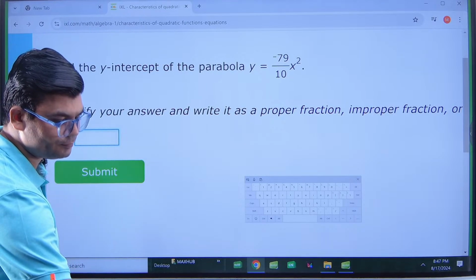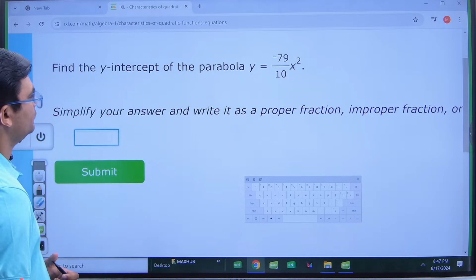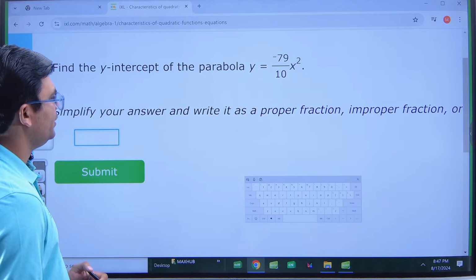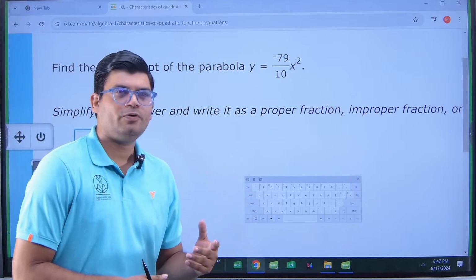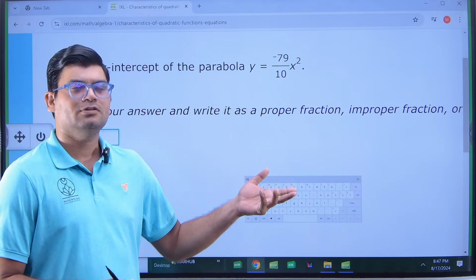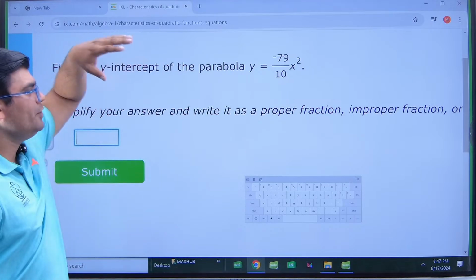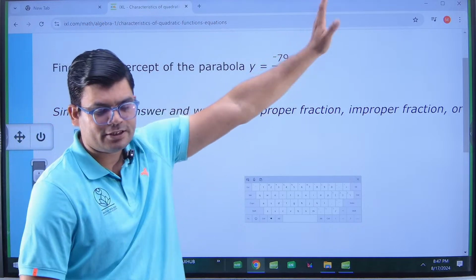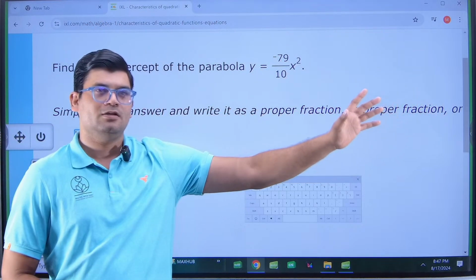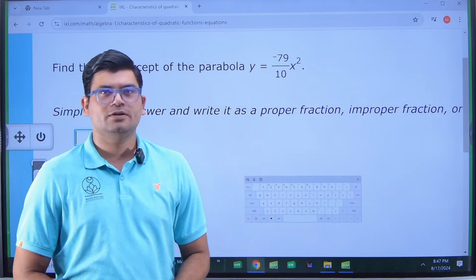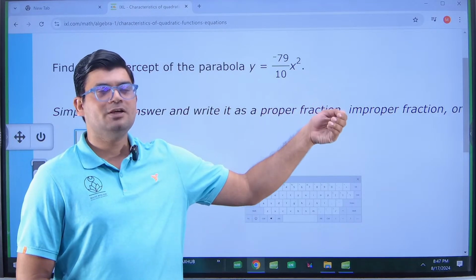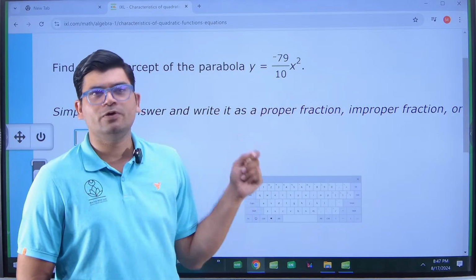See, what is minus b upon 2a? You don't have anything. So 0 only. The y-intercept is 0 if the equation has no other term apart from x square, it is always going to be 0 only. Because minus b is 0, 0 upon 2 is going to be 0.